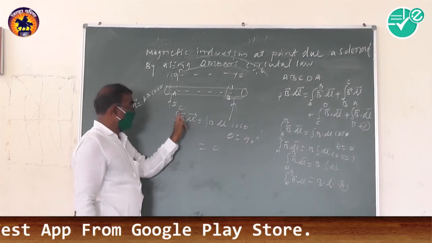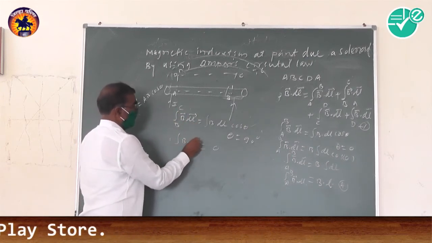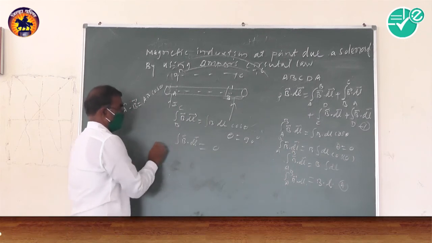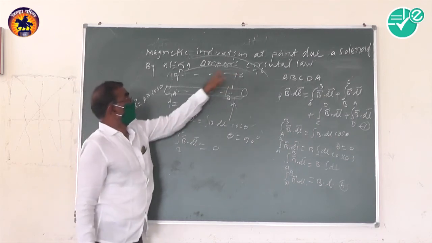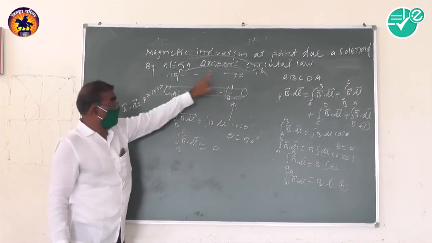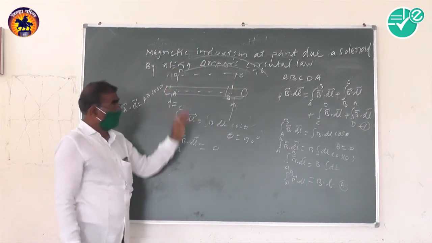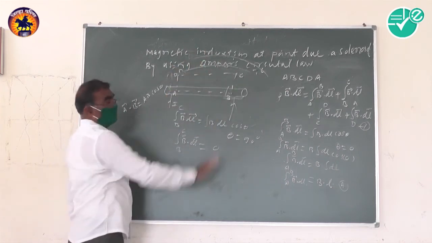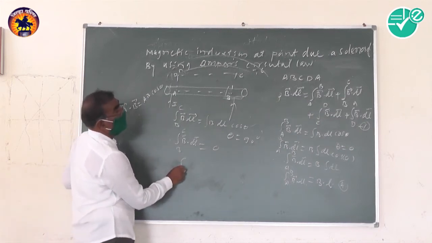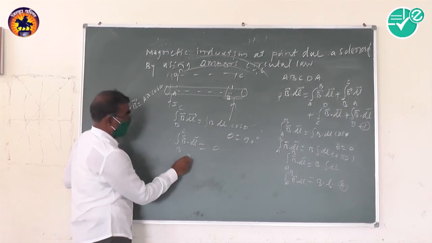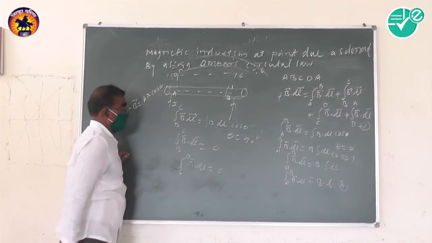Therefore the integration from B to C of B dot dl equals 0. It is the same for C to D. The rectangular side CD is outside the magnetic field, therefore the magnetic field is negligible, assumed to be 0. So for C to D, B dot dl is equal to 0.